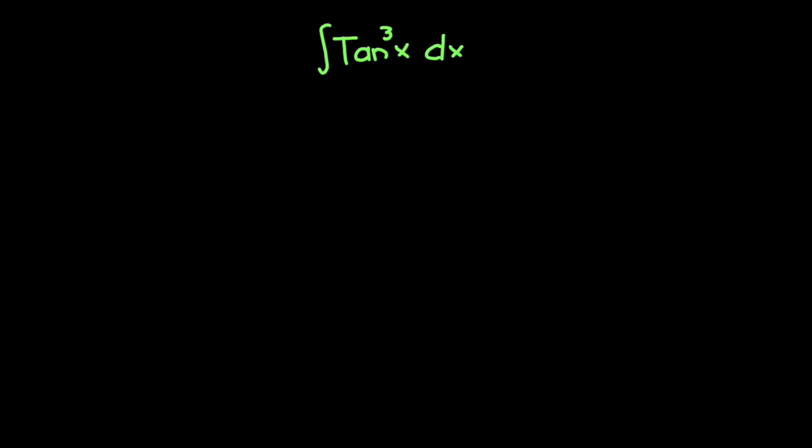So, when dealing with odd exponents regarding tangent and cotangent, let us first factor out a tangent squared of x. So, this would be the integral of tangent squared x multiplied by tangent x dx. The reason for this is to transform this into its trigonometric identity.